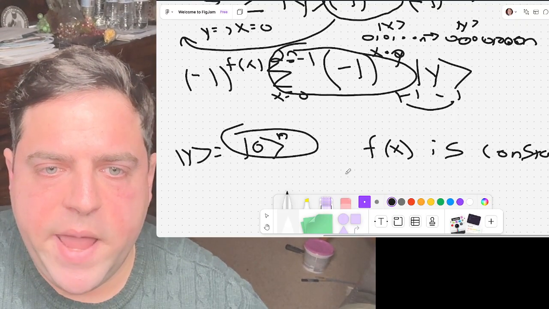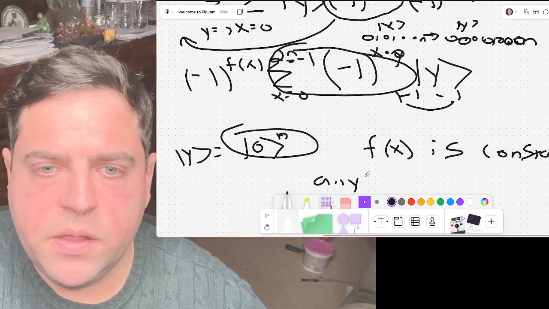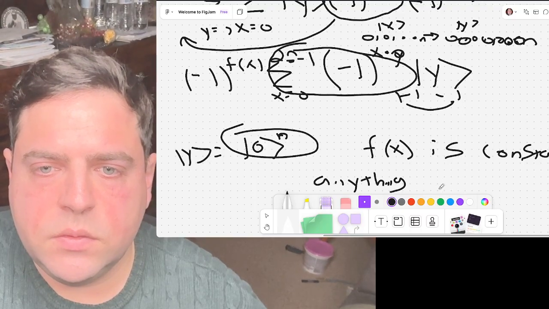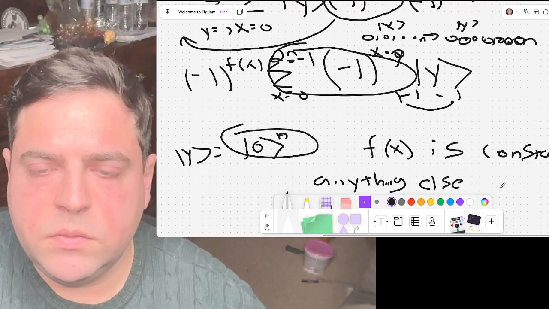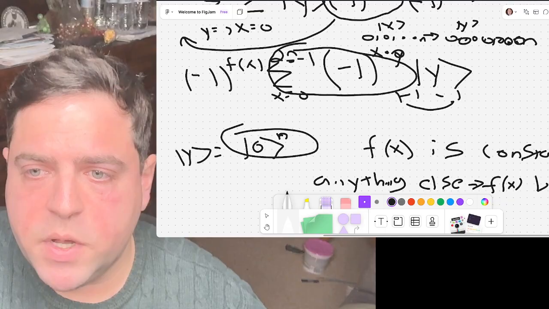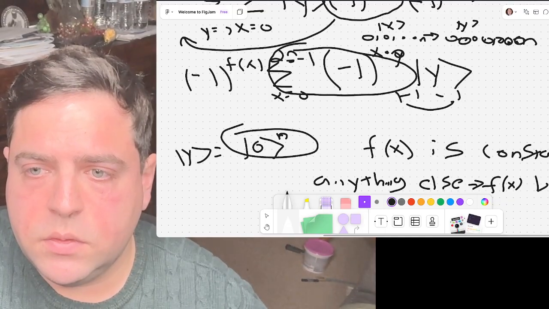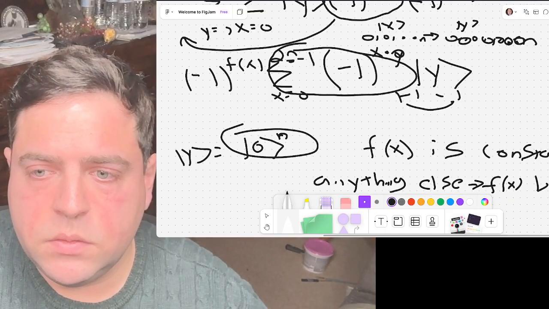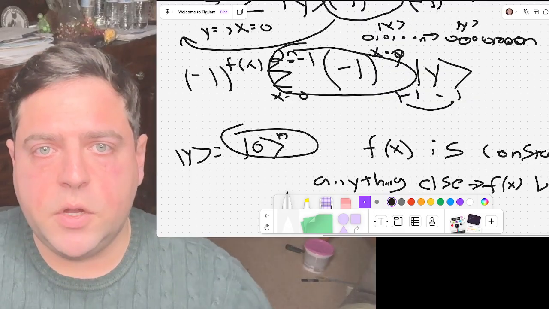If we measure and we get anything else, then we know f of x is a balanced function. Because those are the only two possibilities. Balanced function. Okay, that's how it goes.